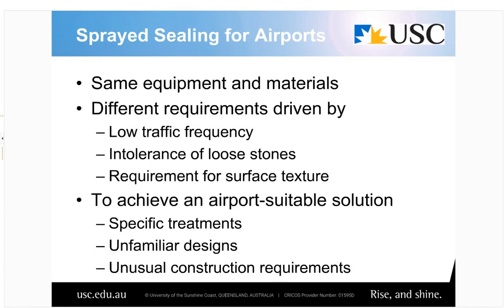And there are a number of construction requirements that are quite unusual and different to the road sealing game, which comes as a surprise for some people from time to time, particularly the contractors that are being asked to do it.